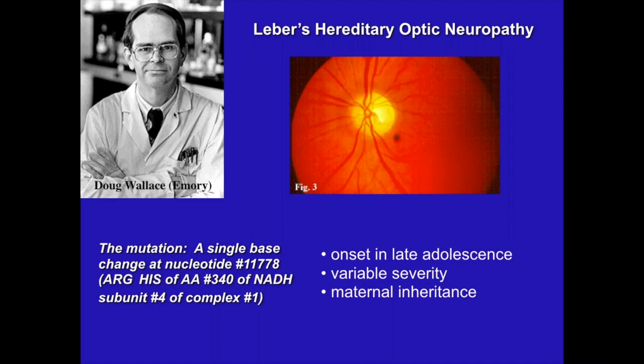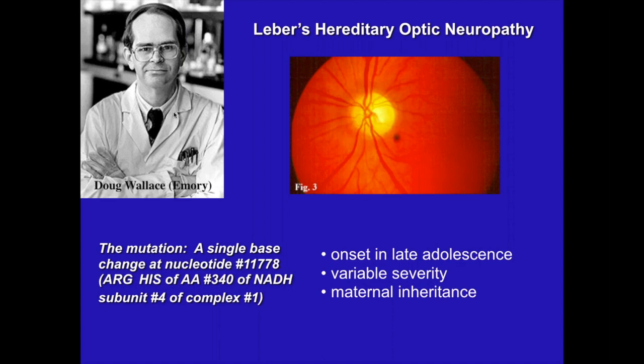And by the time they had reached adolescence, their eyes and their bodies had stopped growing. They'd occasionally hit peak demand for ATP in one of these cells. Their mitochondria couldn't survive it, and the cell would die. That would increase the load on the other cells in the optic nerve, and little by little, more and more of the optic nerve would be destroyed, sometimes resulting in total blindness.